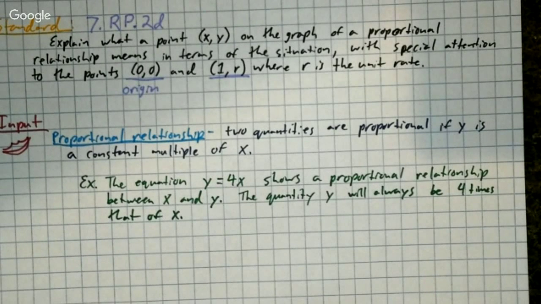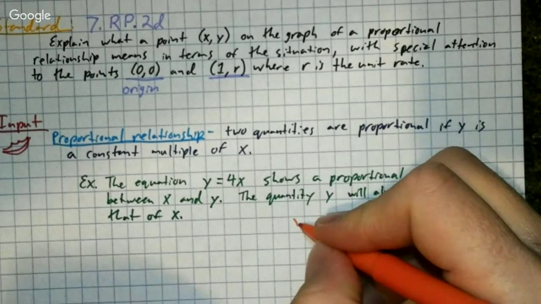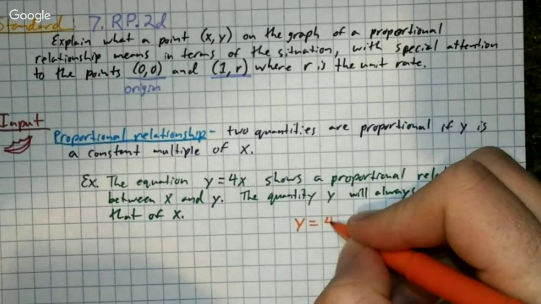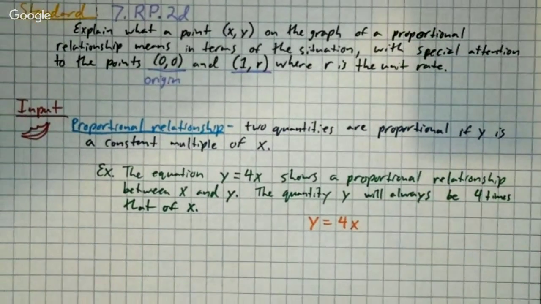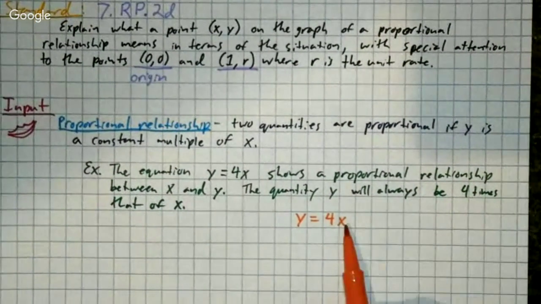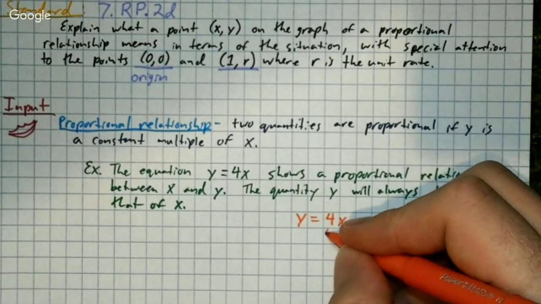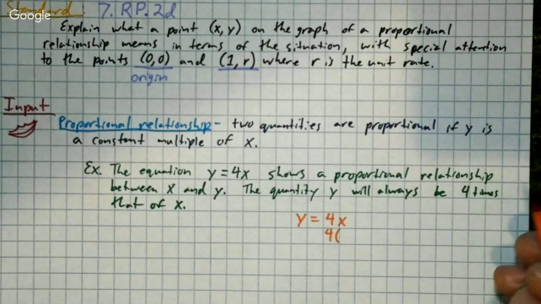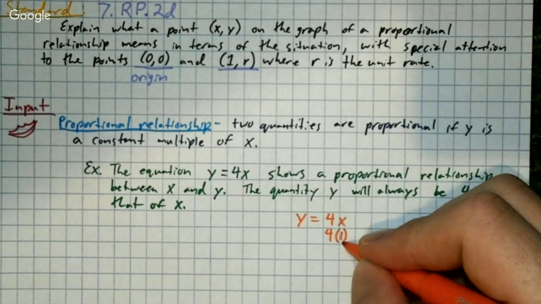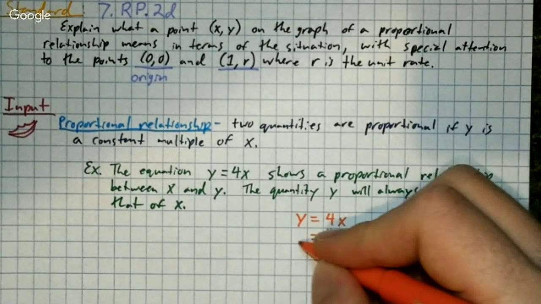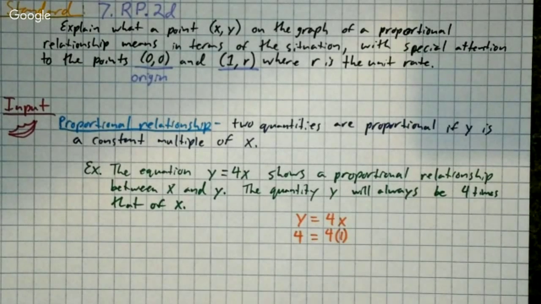And just down here on the side, let's go ahead and prove that. If you have y equals 4x, let's substitute the lowest number we can find. Instead of x, we're going to put 1. 4 times 1 equals 4.